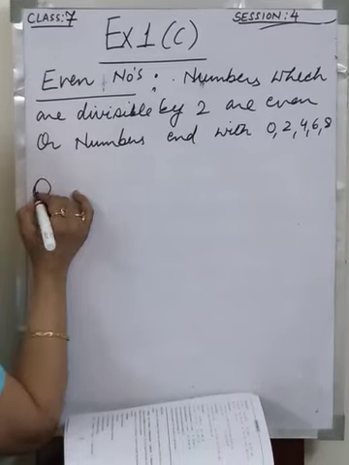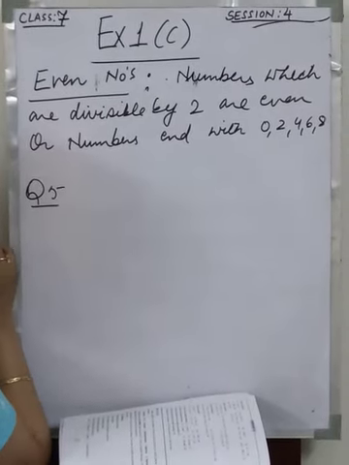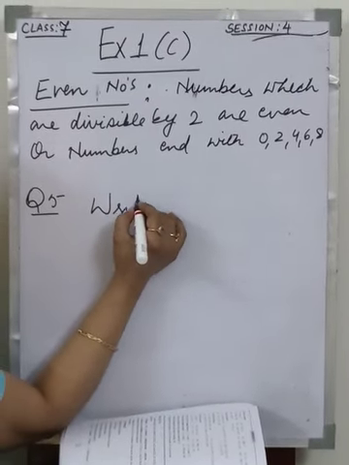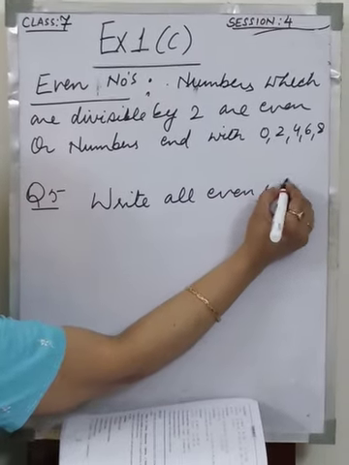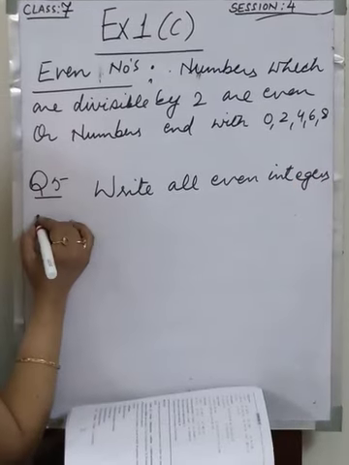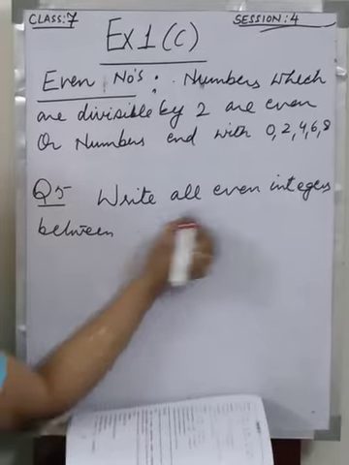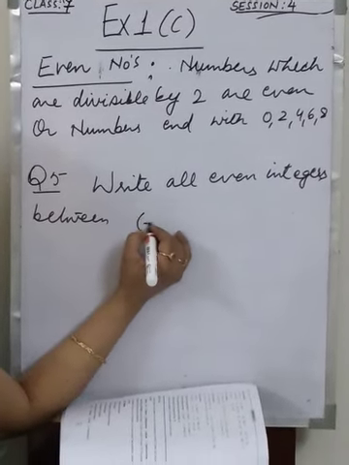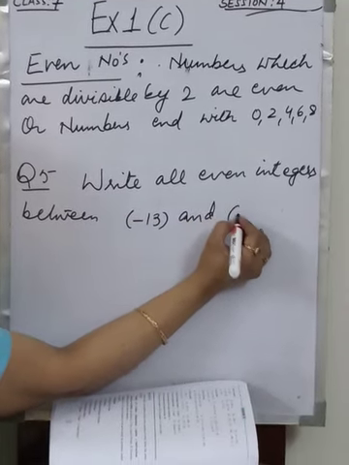Question number 5. They are saying write all even integers between -13 and -7.